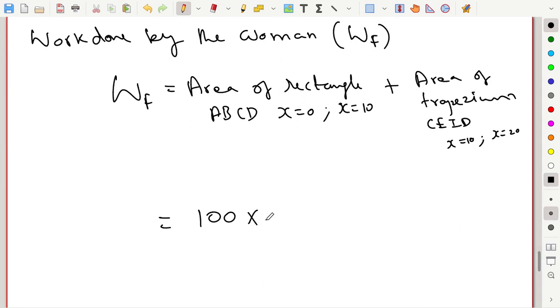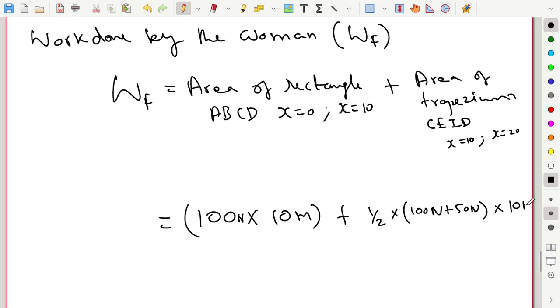Therefore, 100 Newton into 10 meters, plus the area of the trapezoid. The area of the trapezoid is half into the sum of the two parallel sides, 100 Newton plus 50 Newton, into the base, which is 10 meters.